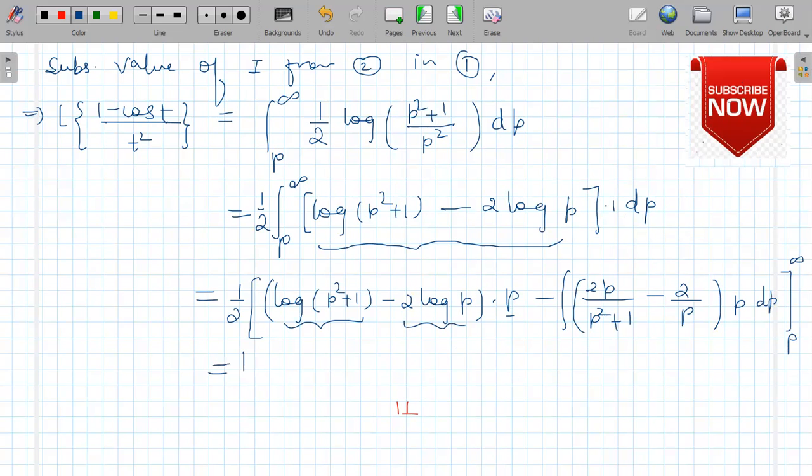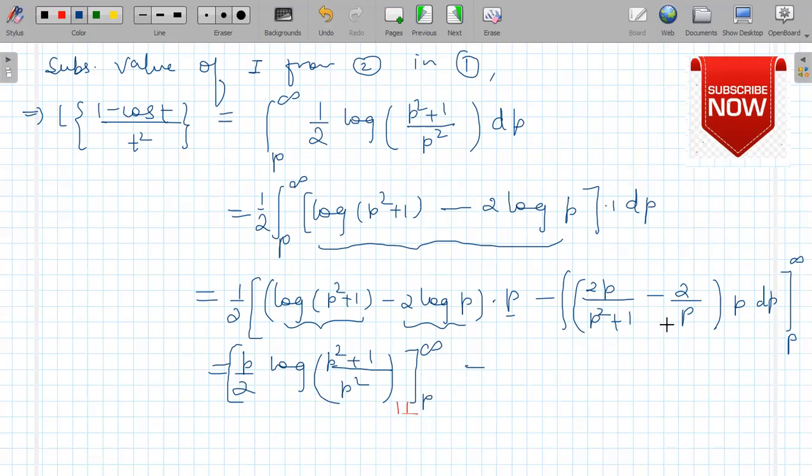This is equal to p upon 2. This p will be taken outside, combined with 2 into log p square plus 1 divided by p square, and we apply the limit here, and we solve this expression.